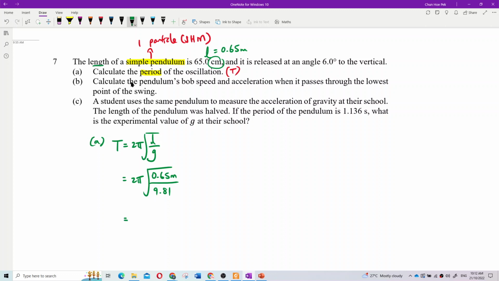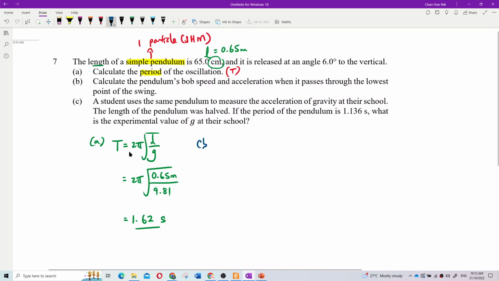Okay, I need answer. 1.62. Oh, good. 1.62 kan? Yeah. Okay, that's good. Unit for period is second.